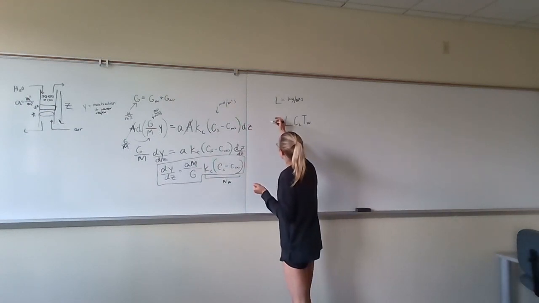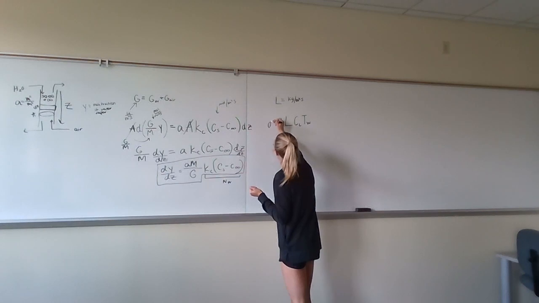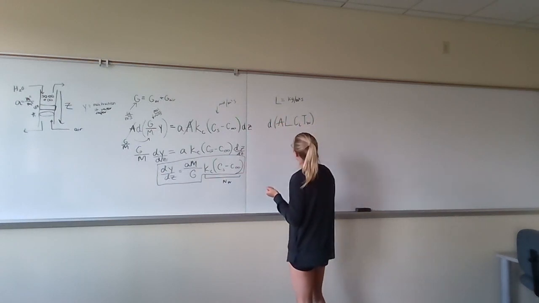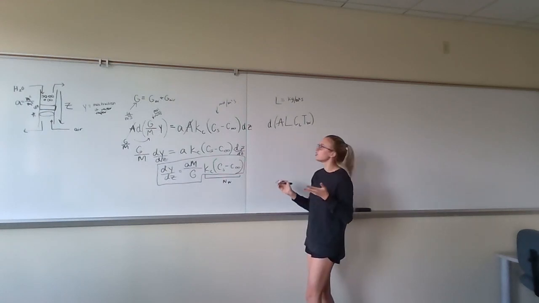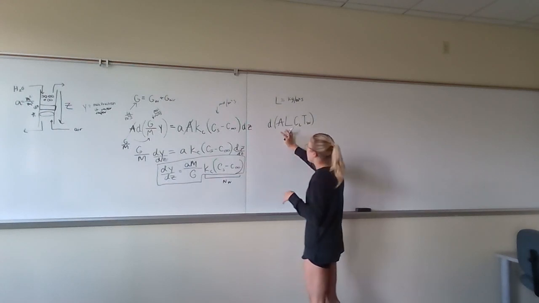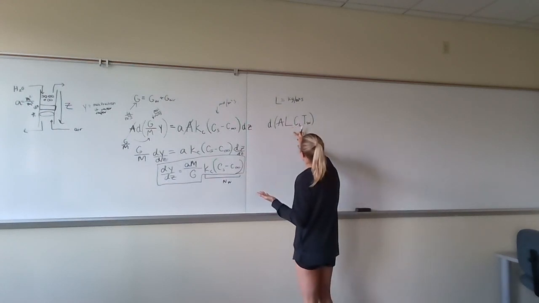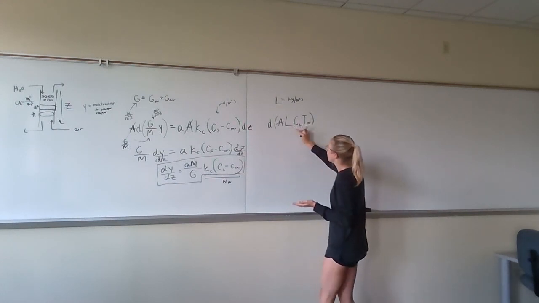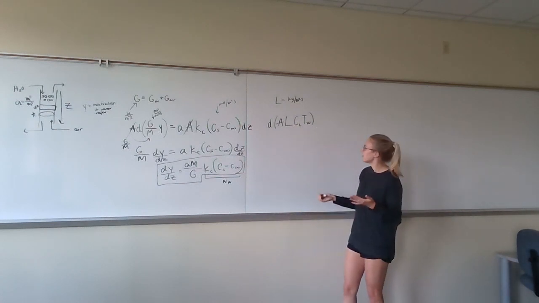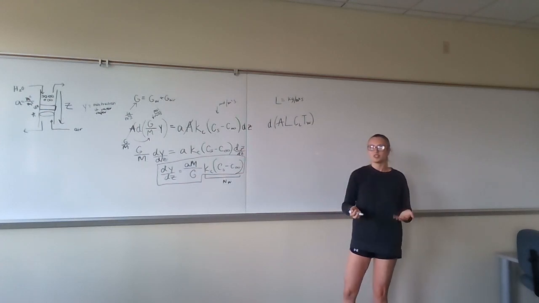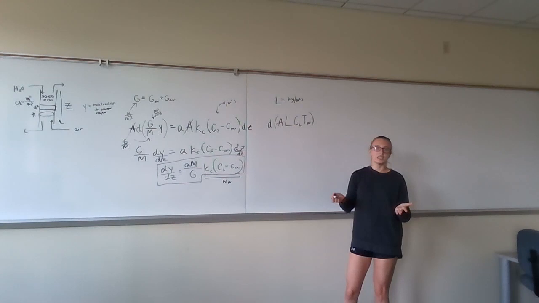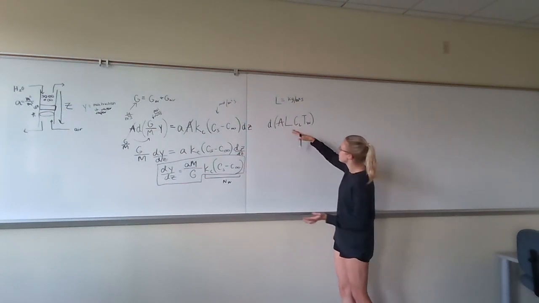So in order to find the change in temperature, we need to find the change in enthalpy. So we can take the derivative of this, and we're going to assume that the area, the liquid flow rate, and the heat capacity of the water vary so minuscule that, just for simplicity in our calculations, we're going to assume that this is constant.